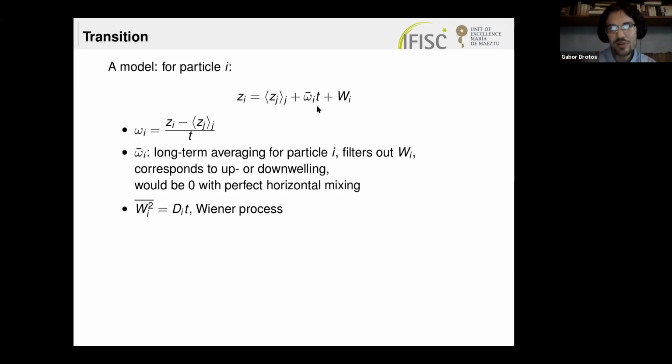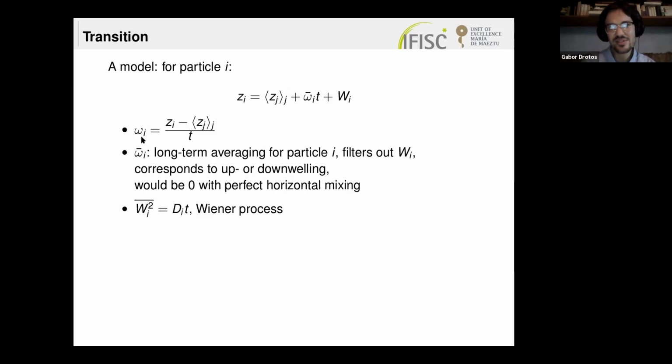But we also have a third term here. This third term corresponds to a bias or a drift experienced by particle i, which is related to some persistent up or down welling in the velocity field.